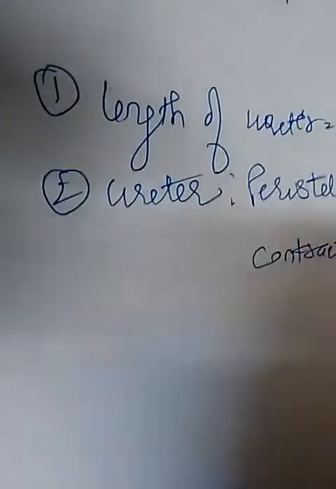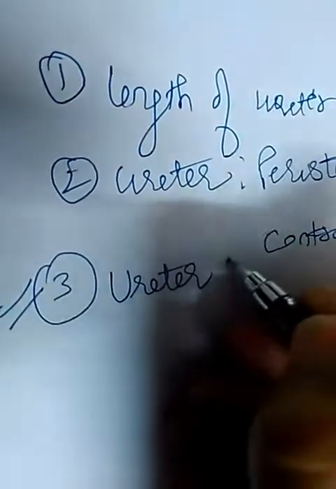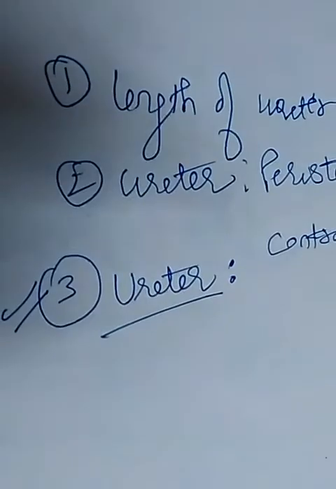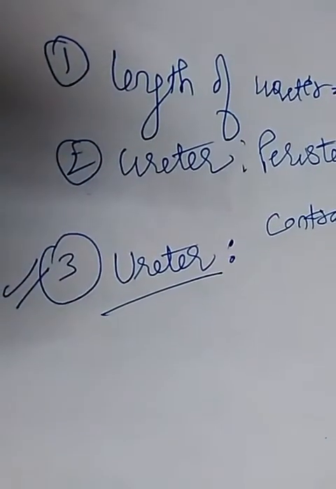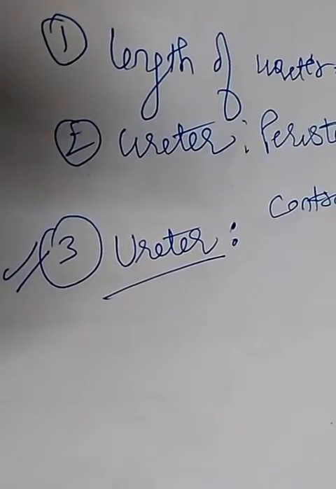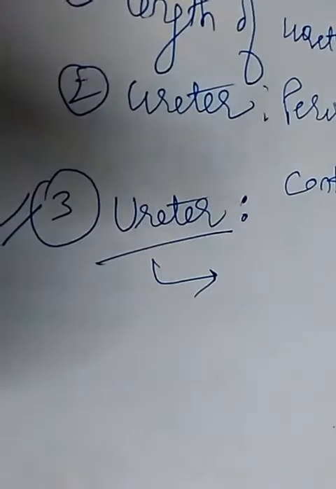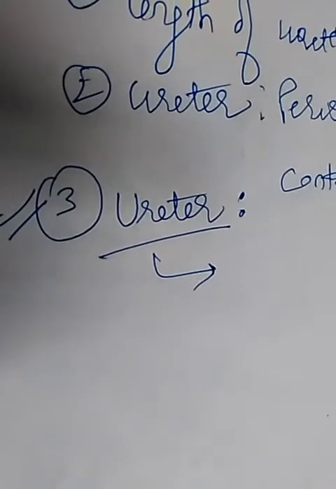And third thing, which is important for your practice purpose also, is how we identify ureter. Even in exams, if they have not colored it, and you are not able to differentiate which is vessel and which is ureter, how do you identify it, in a living body and also in cadavers?